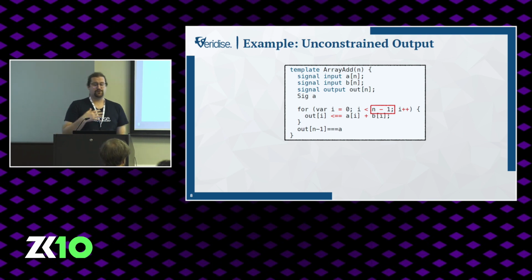This is just a basic programming error where this particular output signal is completely unconstrained. Most likely the user wanted to constrain it to a plus b, but it basically means that out of n-1 will accept anything. The reason why this can be really bad is because, yes?